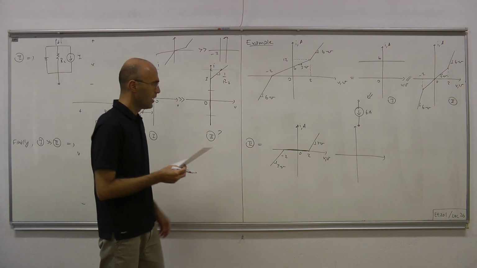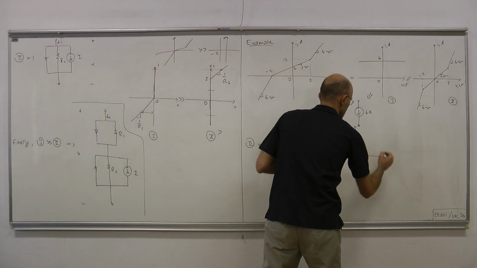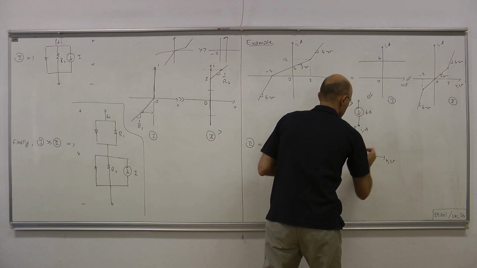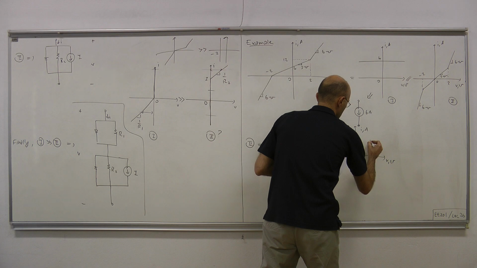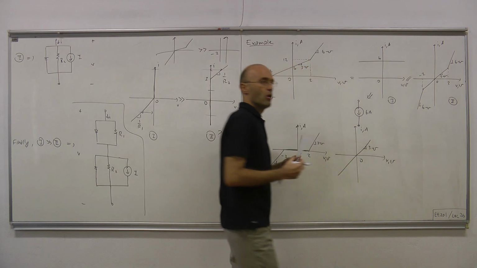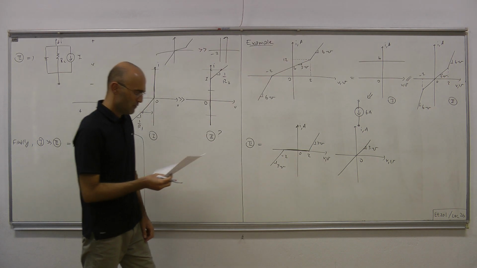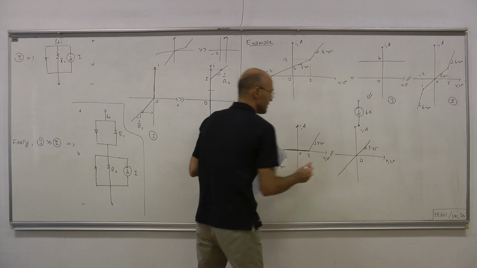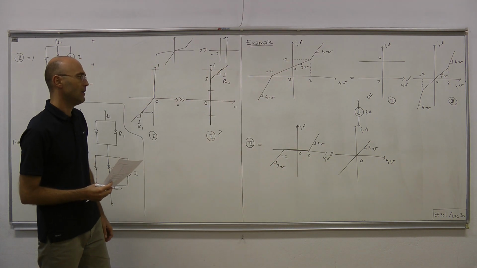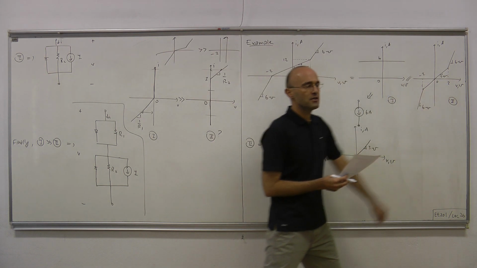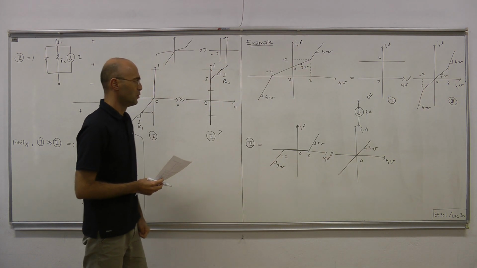Okay. And then the volt I, and if you connect this curve and that curve in parallel, it's not difficult to see that what you obtain is the curve number 2.